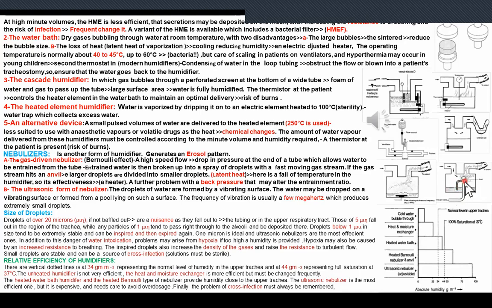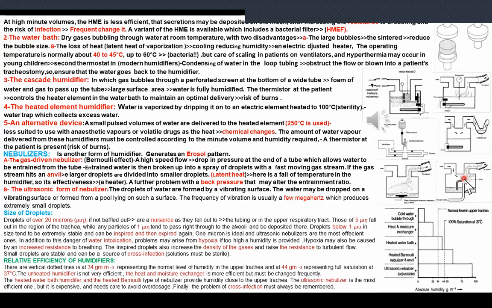Of course, these bubbles are large. I forgot to tell you that the water bath creates large bubbles. The bubbles ought to be baffled on their way to the patient, meaning that they ought to be broken down into small particles. So whenever these particles come out, they hit what we call an anvil.